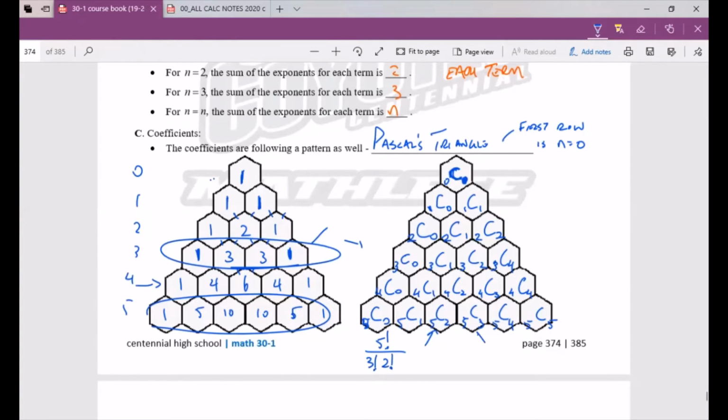And that ends up being the same as this one, which is 5 factorial divided by 5 minus 3, which is 2 factorial, 3 factorial. And those end up being the same because we're just dividing by those 2 factorial and 3 factorial in a different order.